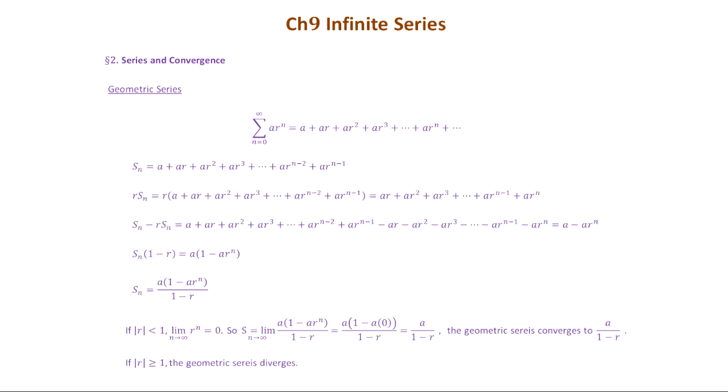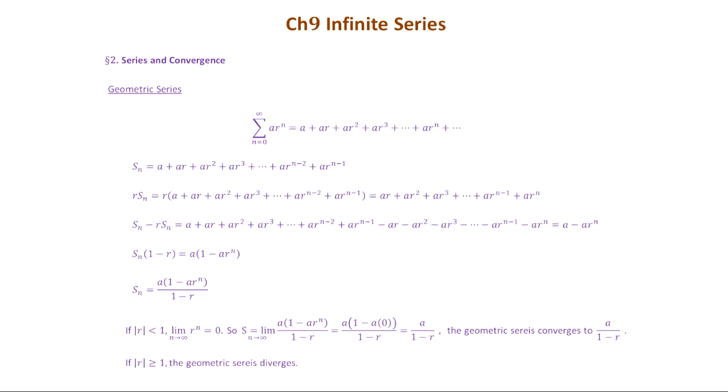We want to add all of those terms. So how do we find this sum? It turns out that we can use a trick, a strategy. Again, we get the partial sum by adding the first n terms of the series.